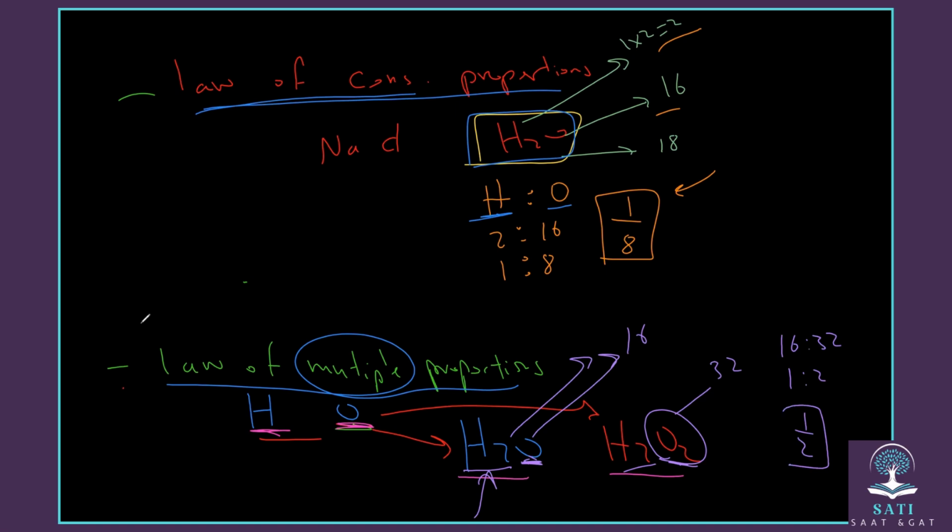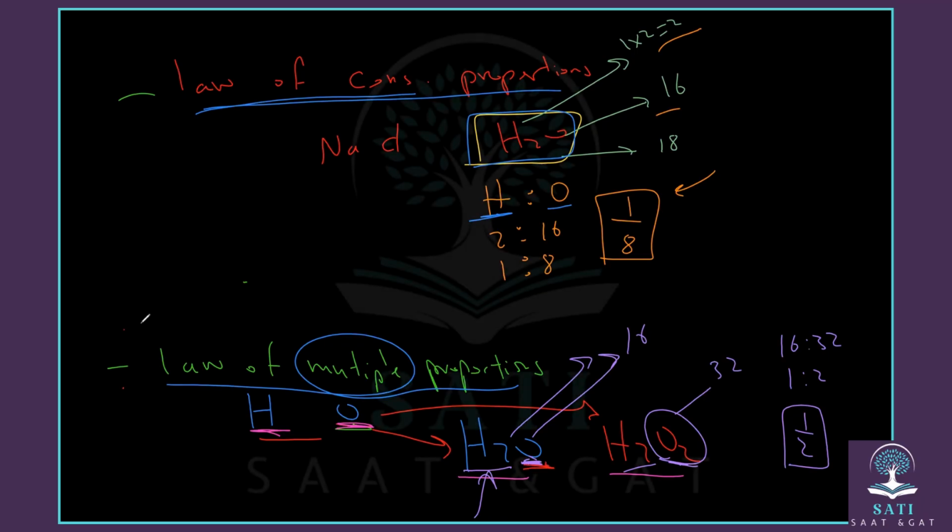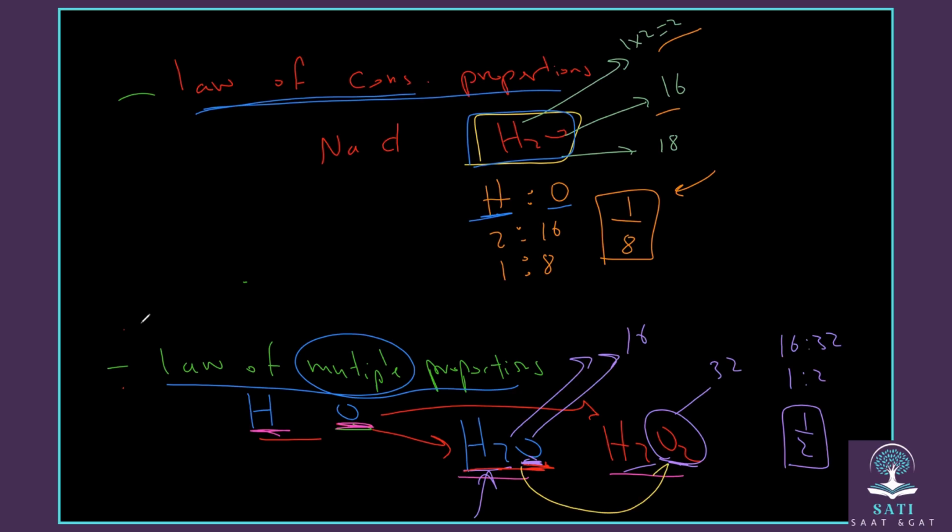So the ratio, as you hear, represents a whole number ratio, because the 1 is a whole number and the 2 is a whole number. Whether it is 1 to 2 or 2 to 1, it's the same, it depends on the order of the compounds you write. So the mass of oxygen in this compound to the mass of oxygen in the second compound is 1/2.